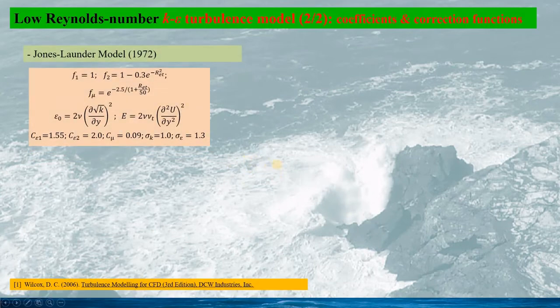For the low Reynolds number K-epsilon model, many researchers gave their formulation for the turbulence model. In 1972, Jones and Launder gave the low Reynolds number model as this. Here, F1, F2, F mu are formulated as this, and the epsilon 0 given as this, E given as this, and the closure coefficients are given here.